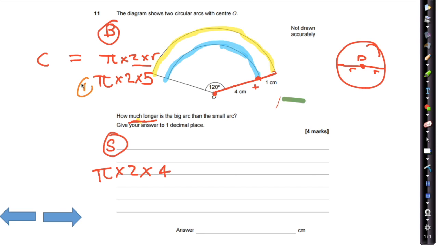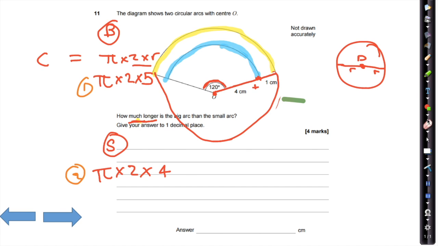Our first mark was for getting one of these formulae written down, and the second mark is for getting the other formula down. Sorry, I should have added that as long as you've got that, you do actually need to put how much of the circumference is there as well. So pi times 2 times 5 is going to give us the circumference of the whole circle for the big arc, so this part.